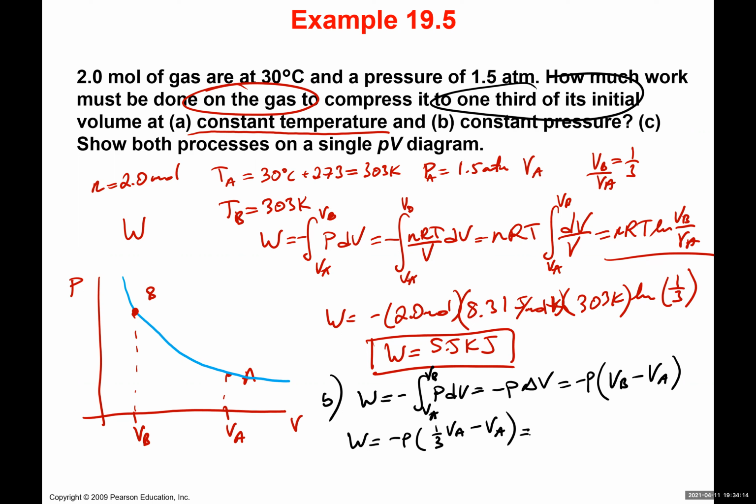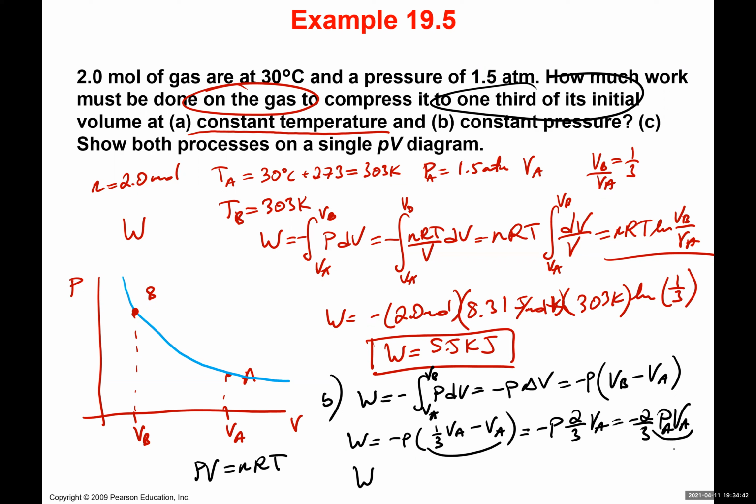If I do 1/3 of VA minus VA, I get negative 2/3 of VA. So it's negative 2/3 P times V, so PA times VA. One thing I know is PV equals nRT, and this is nothing but that.